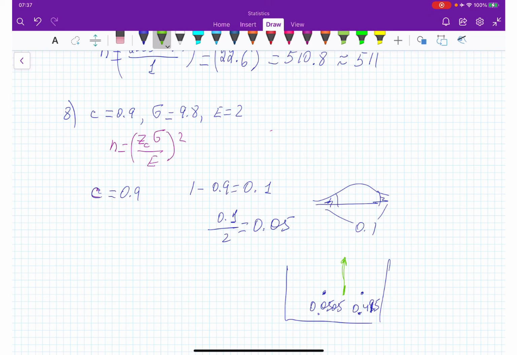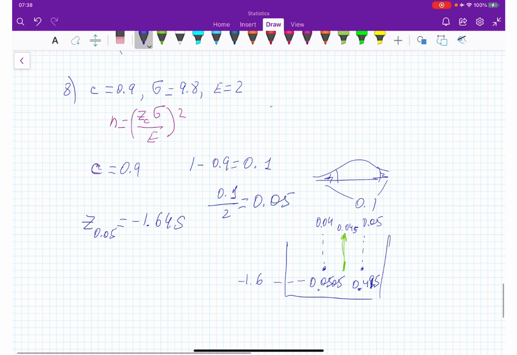In the middle, this one 0.04, this one 0.05, this is going to be 0.045. And horizontally coming negative 1.6. So Z critical for 0.05 is negative 1.645.